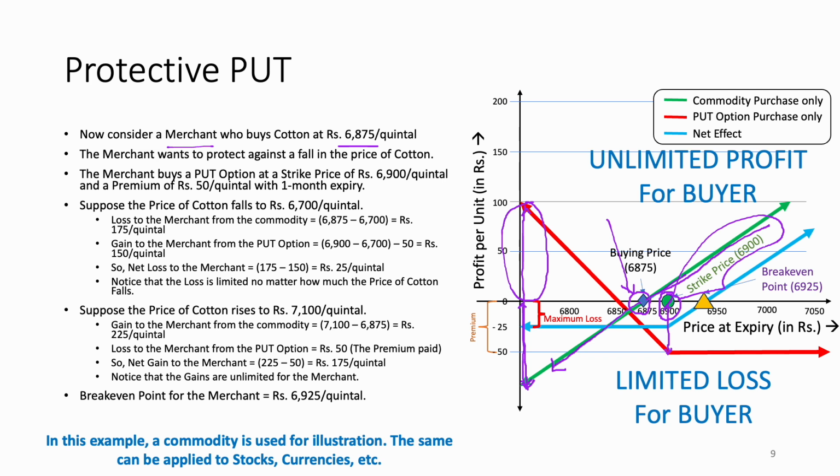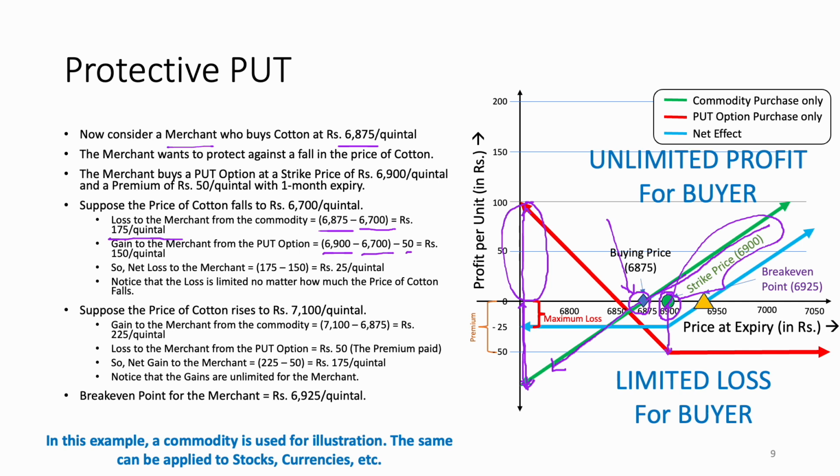So if you see the calculations, from the loss at 6,700, the merchant suffers a loss of 175 rupees per quintal. That is the purchase price of 6,875 minus 6,700. That is, he's suffering a loss of 175 rupees per quintal. However, from the put option, the strike price was 6,900 and the current market price is 6,700.